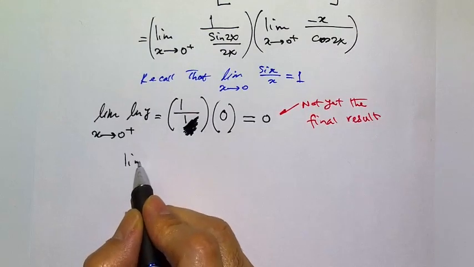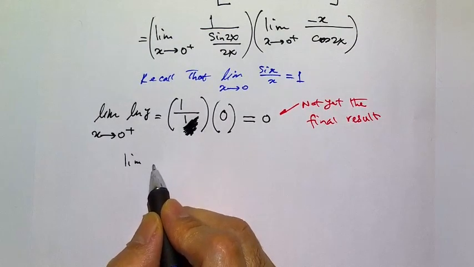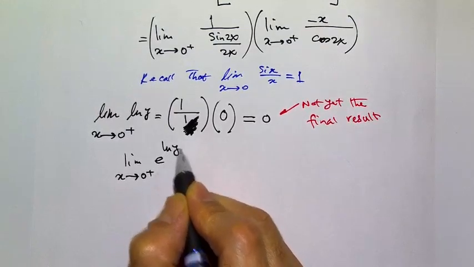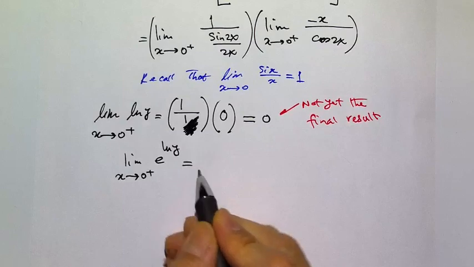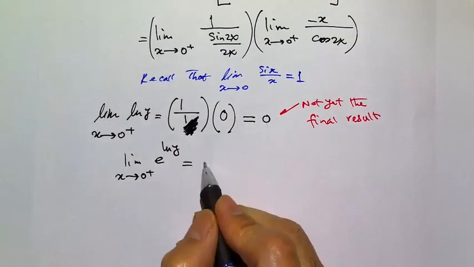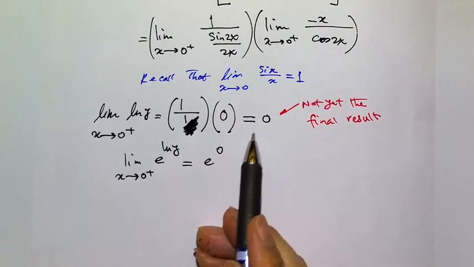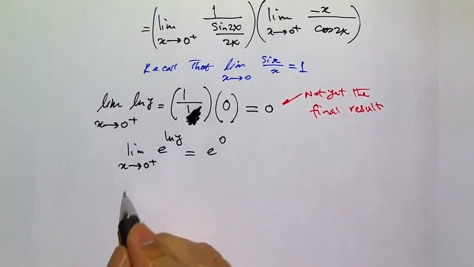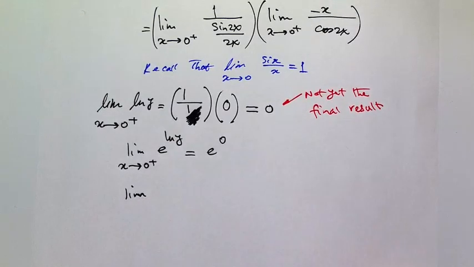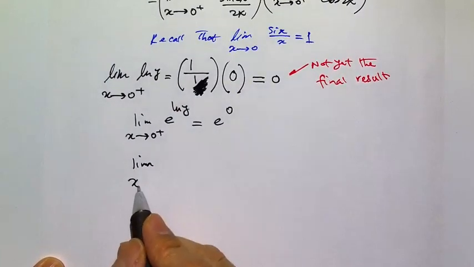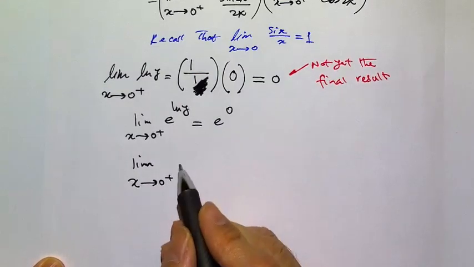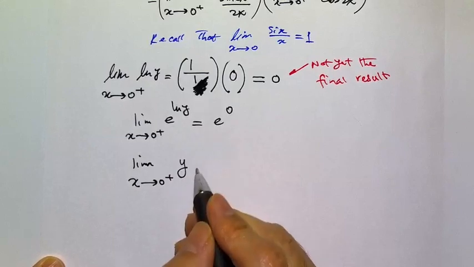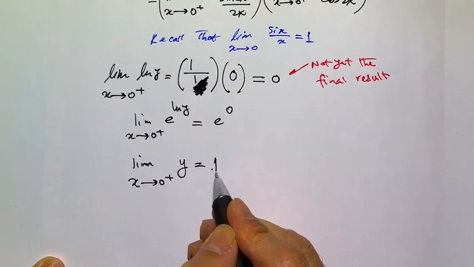So we take the limit as x goes to 0 of e to the natural log of y equals e to the 0 power, right? So we raise both sides to the natural exponential function. On the left, we get the limit as x goes to 0 from the right side of y, right? That simplifies to just y equals 1.